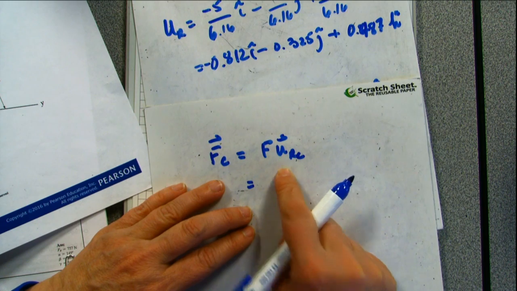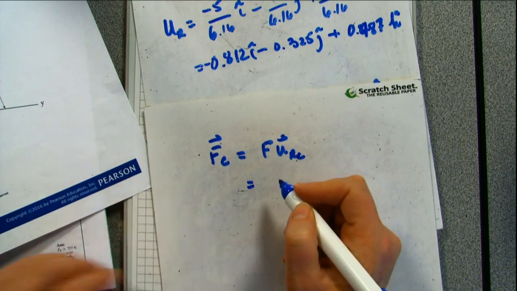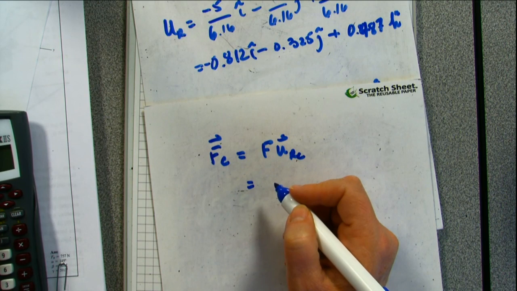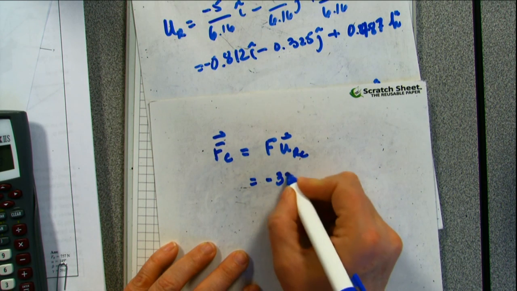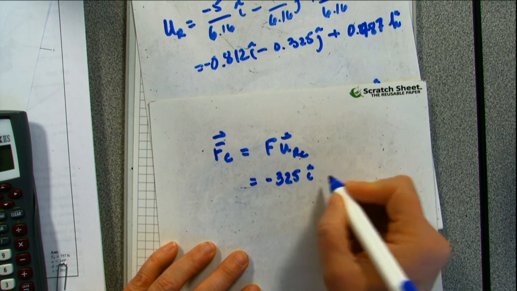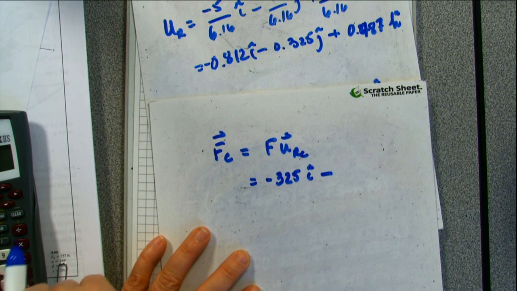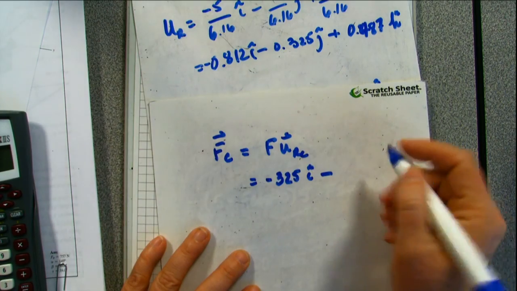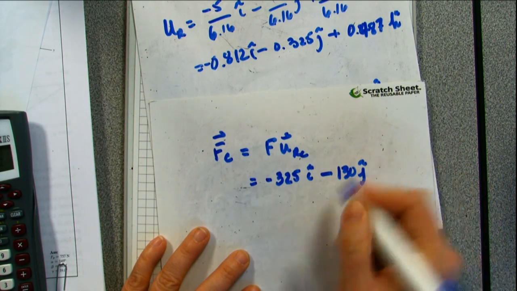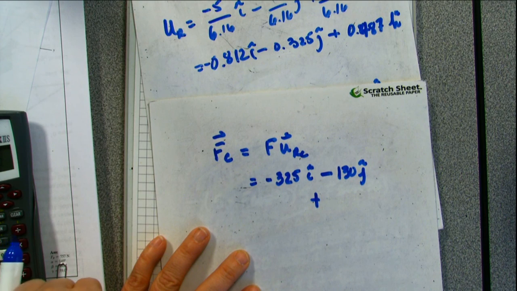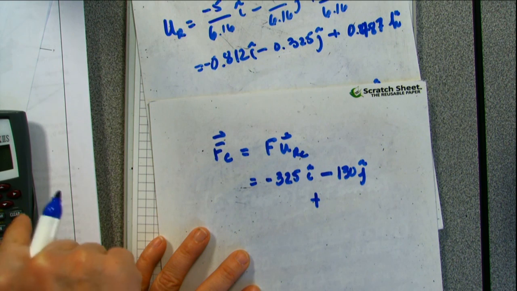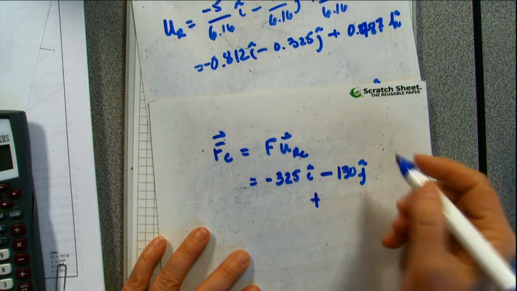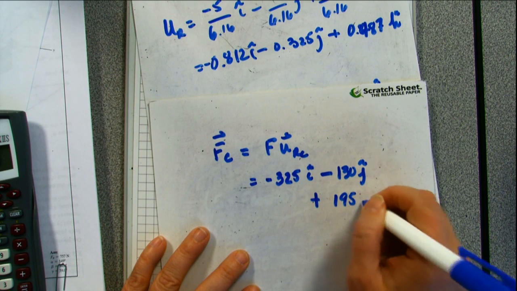It's 400, so I'm going to do 400 times... that gives me minus 325 in the I direction, minus 130 in the J direction, and 0.487 times 400, which is like 195 in the K direction.